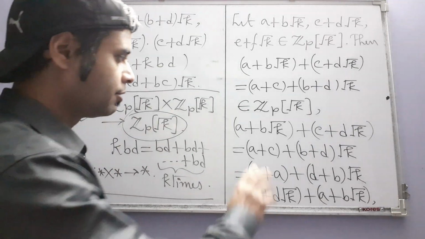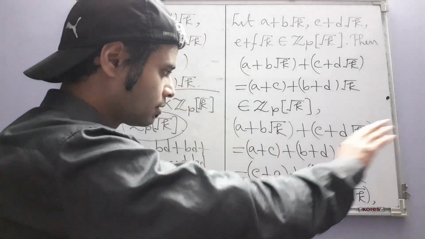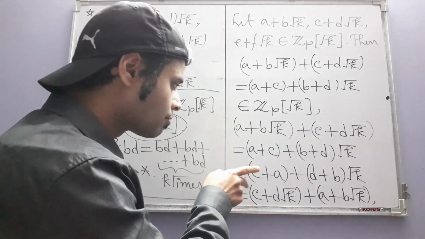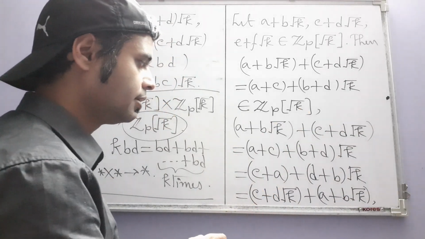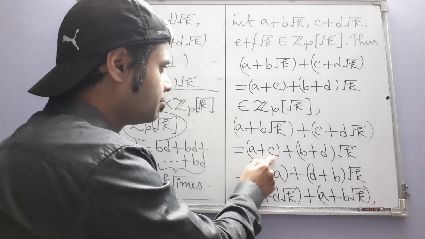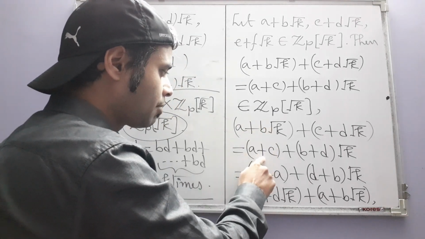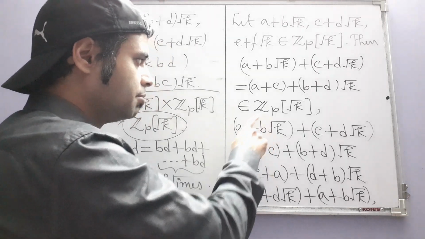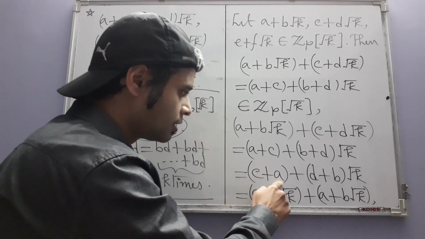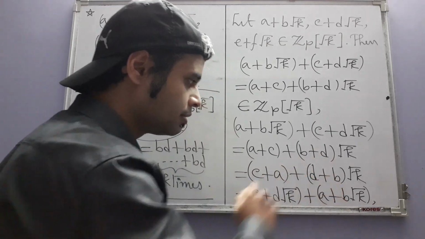And keep in mind, no matter how casually we are going on calculating like this, always make sure whatever you are writing is actually true or not. A and C are elements in ZP, and the plus that you see here is the plus in ZP, which we know is commutative. That's why A plus C is equal to C plus A, and that's why B plus D is D plus B.